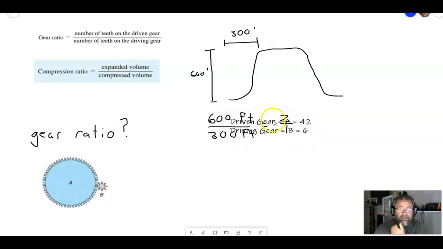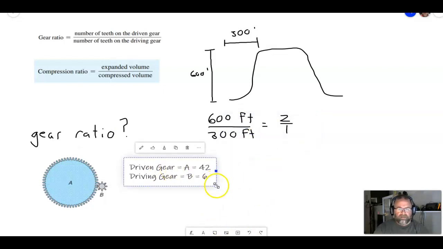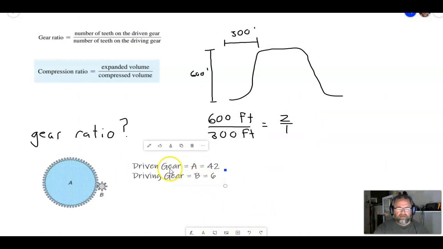Let's just say these are the number of teeth on the gears. The driven gear is A, that's this gear, and the driving gear is B, which is this little gear. On the driven gear we have 42, and on the driving gear we have 6. So what would the gear ratio be? Go ahead and pause and try that now.